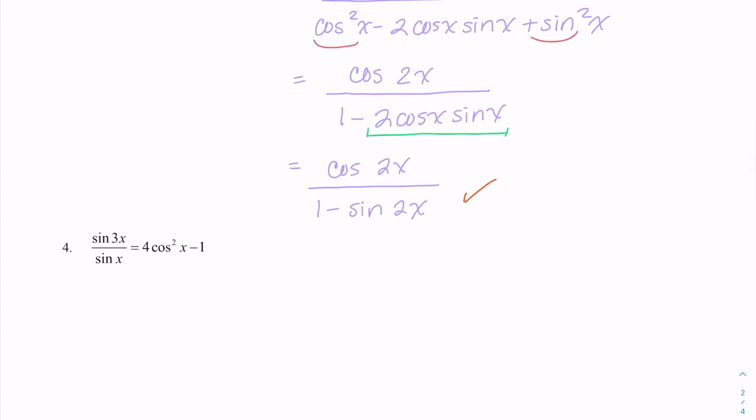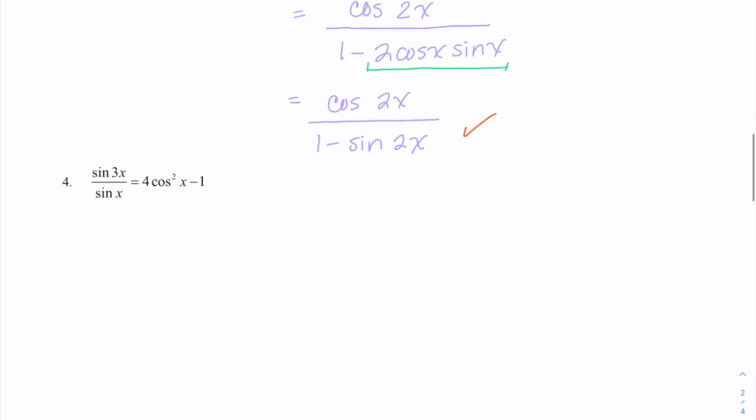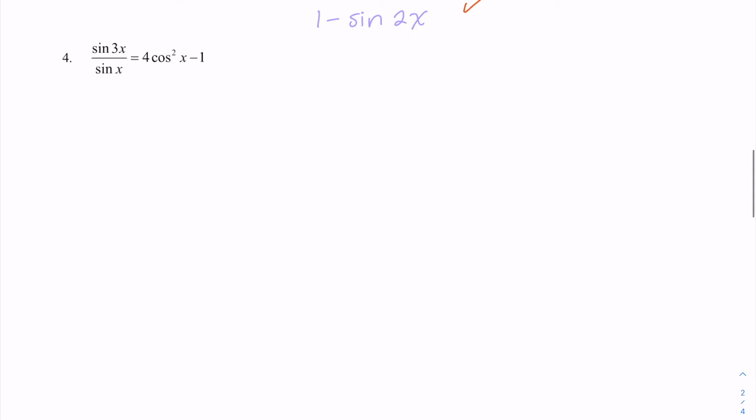Okay, looking at number 4, this time we'll start on the left-hand side. So a lot of times we'll start with the more complicated part, or a part that we can start breaking apart, okay? So starting with this left-hand side, we will have the sine of 3x.